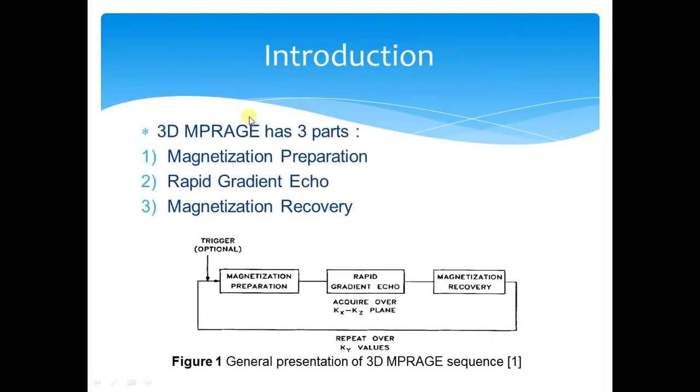In 3D MPRAGE there are three parts: magnetization preparation, rapid gradient echo and magnetization recovery. An additional trigger can be used for periodic imaging like heart and liver. In the magnetization preparation part, there are different options.